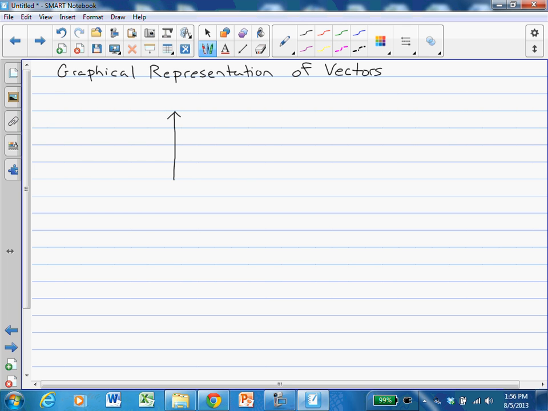The length of the arrow, including the head, represents the magnitude of the vector.